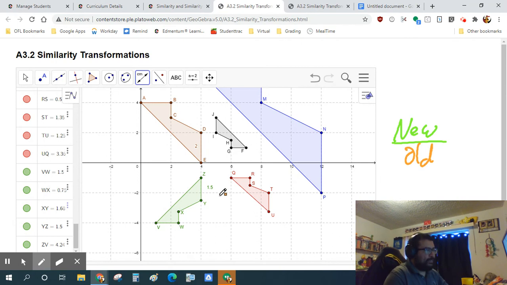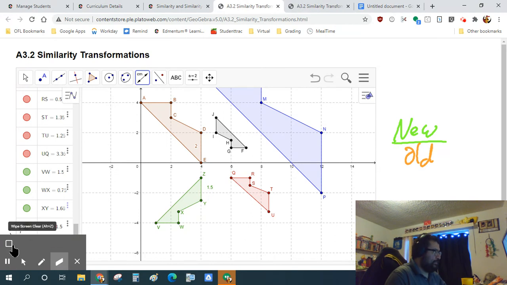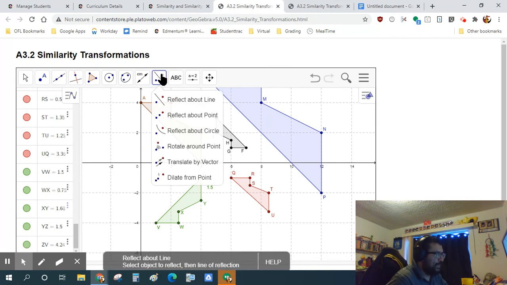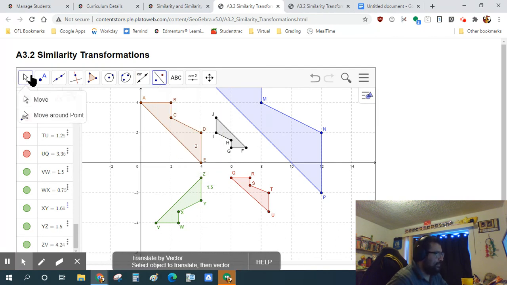So this is a similar scale factor, but this one's 1.5. So let me scale this first. Does everyone understand why I'm making the scale different? Anybody have questions on why I'm not reflecting it first? That was a mistake on my part, but it's easier to just dilate first.